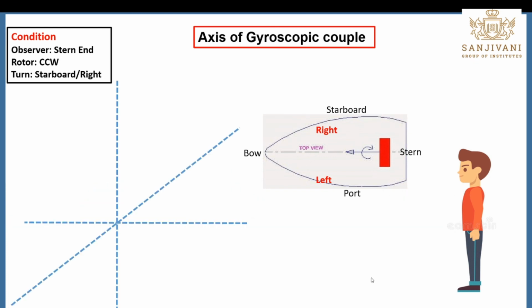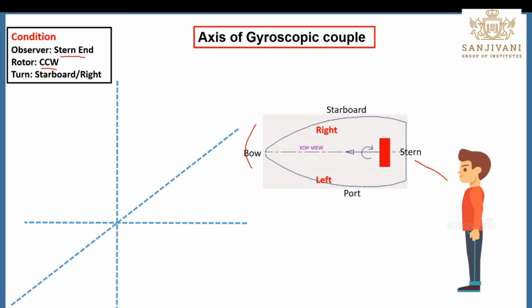Now consider the next condition, the observer is looking from the stern end, the rotor rotates in the counterclockwise direction, and the ship is taking the turn towards the starboard side.